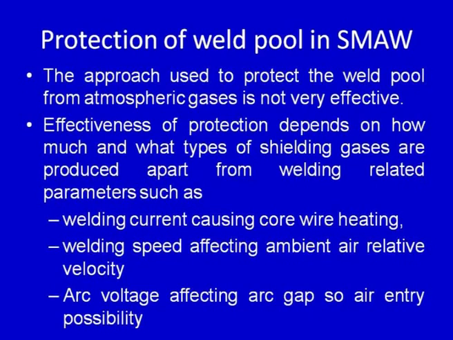The reason for this is mainly that the approach used in this process is that inactive gases are formed by thermal decomposition of the coating material, and these inactive gases form a very loose shroud or shielding around the weld pool.